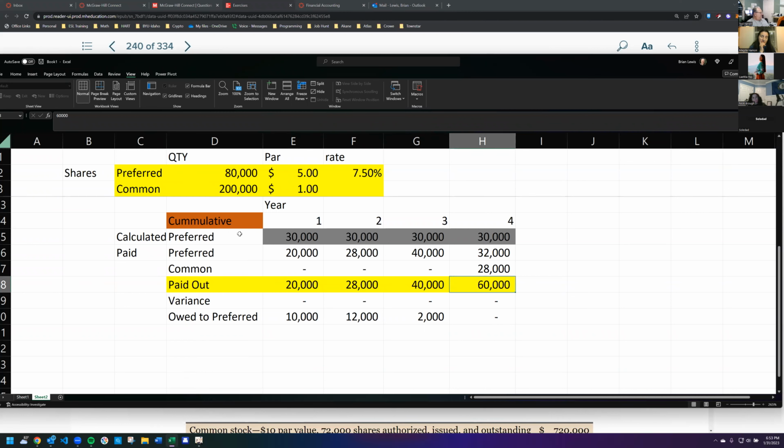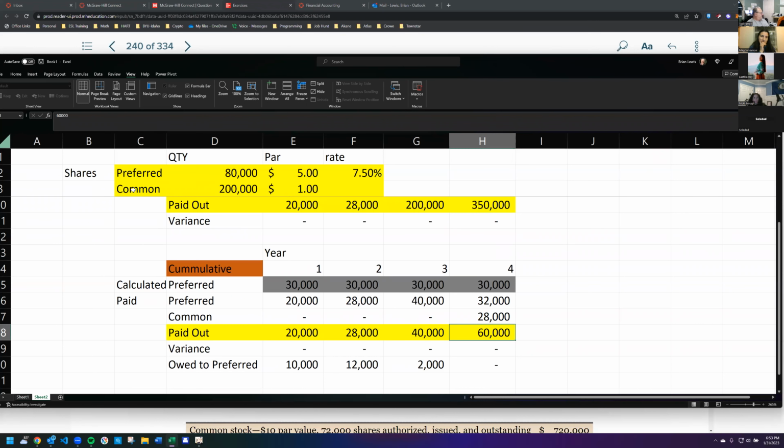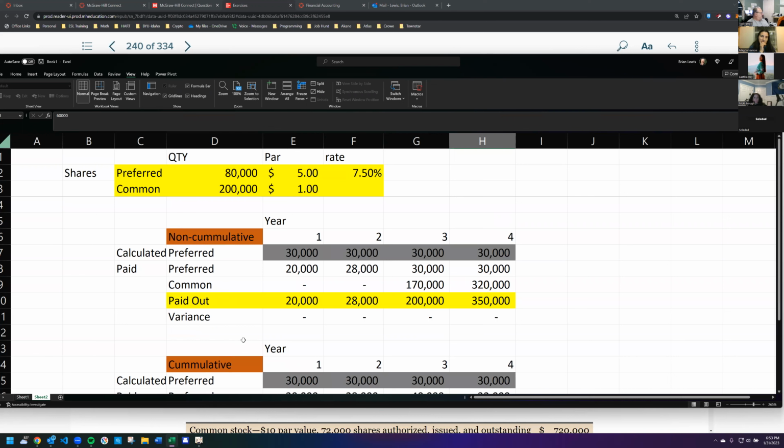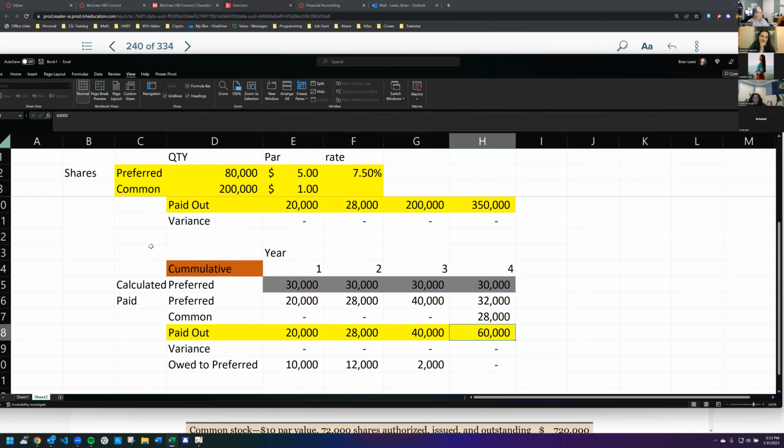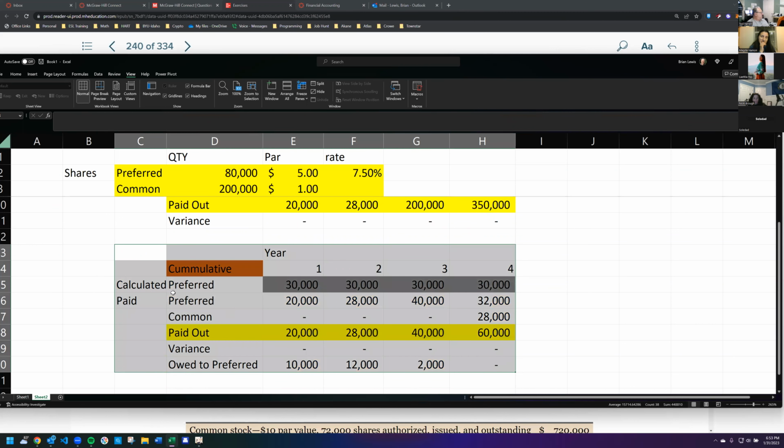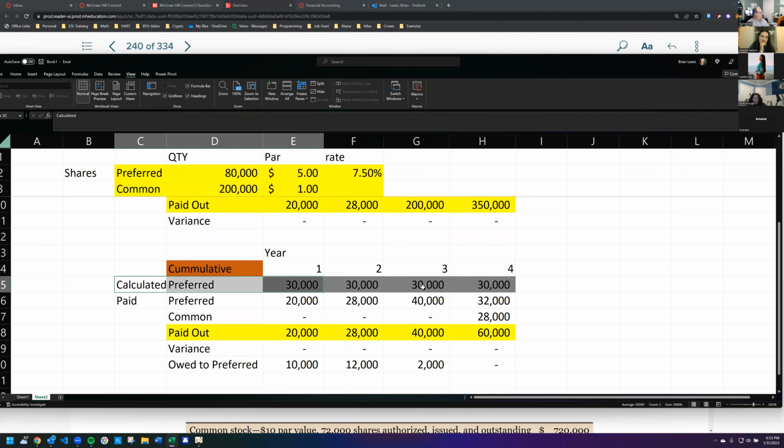Okay. So if you're in the exam and you do kind of what I just did, you set it up sort of like this, where first you calculate what is due to the preferred stockholder each year.